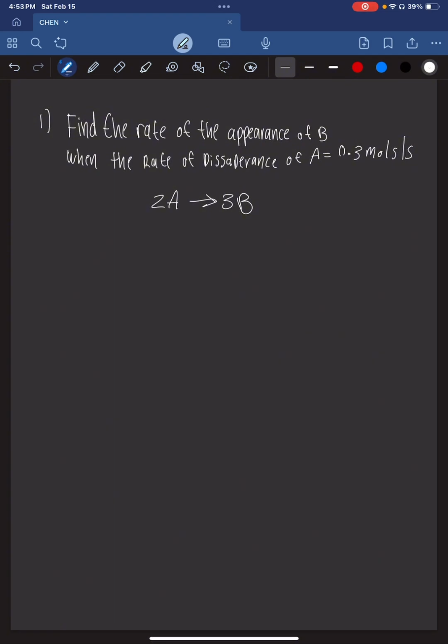Just like we did before, we're going to set up our appearance expression. So remember, reactants are negative, 1 over the coefficient of A, and delta A over delta T is going to be equal to, this is positive, 1 over the coefficient for B, times the change of B over the change of time.